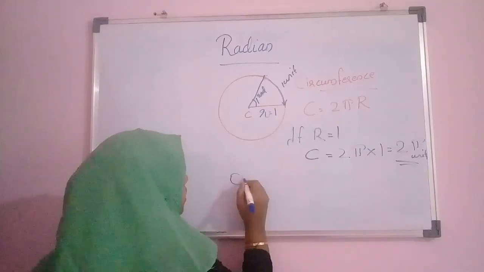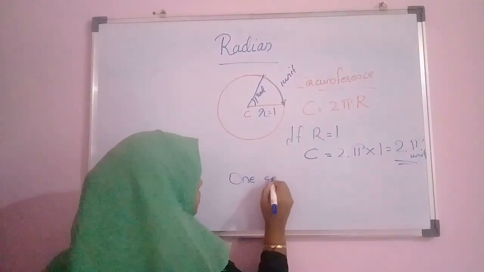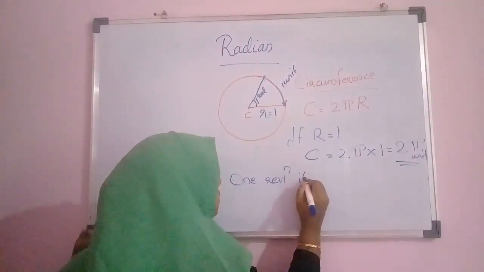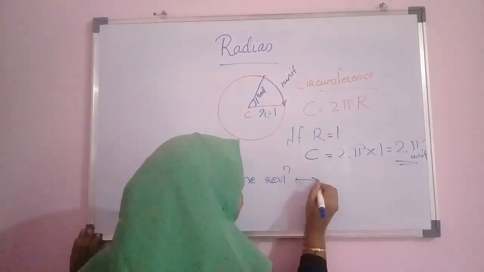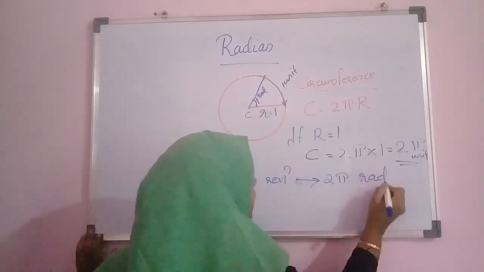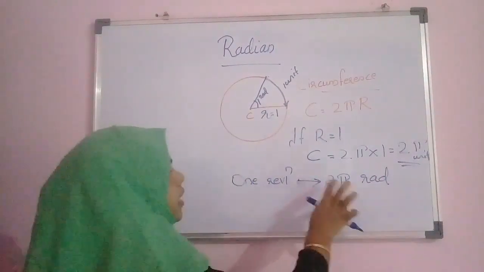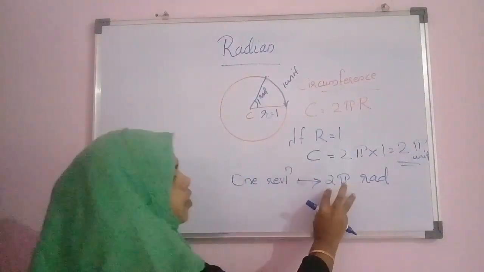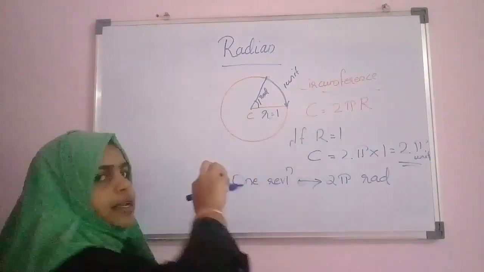Therefore, one revolution subtends how much angle? 2 pi radian at the center.